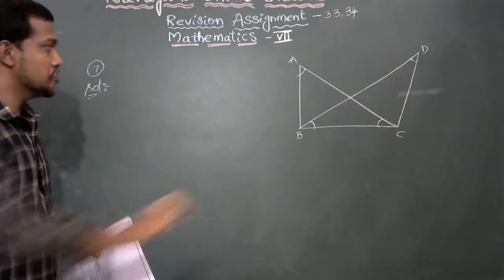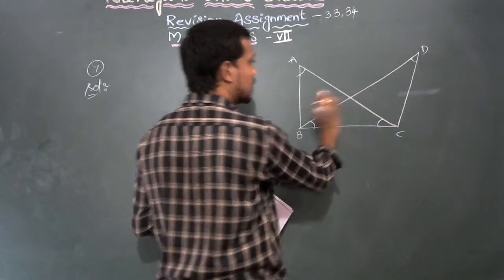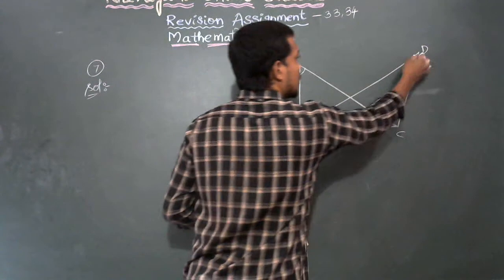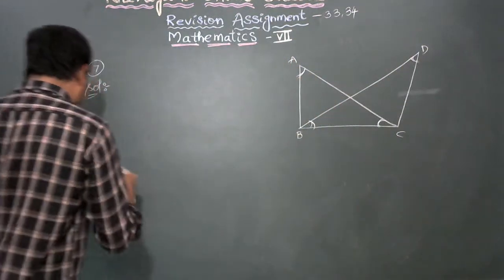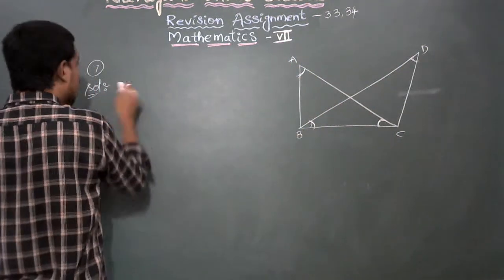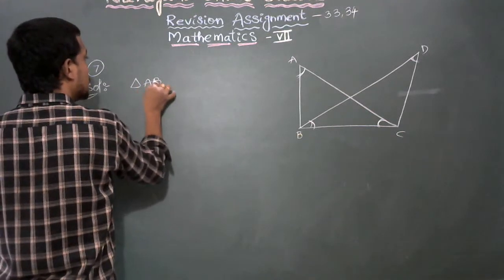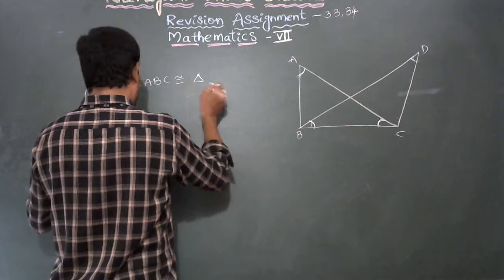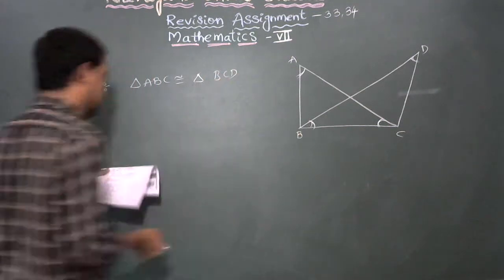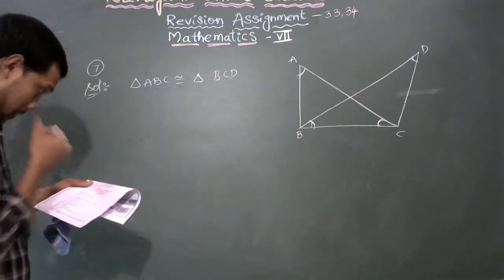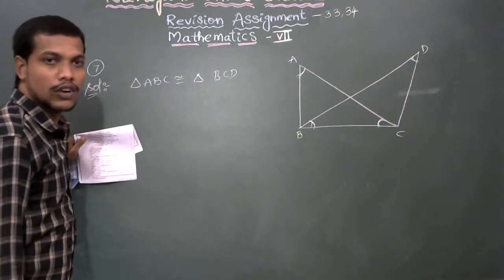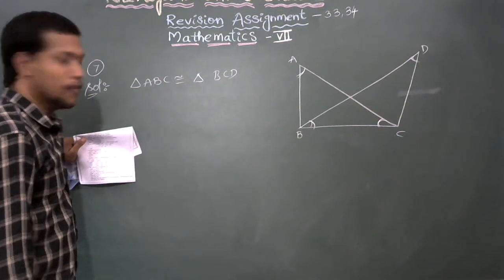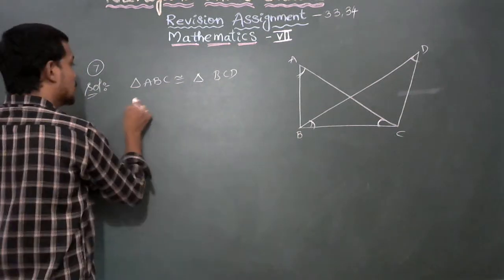Here in this given, two triangles. Here arcs are there. That means angles. So now verify. Triangle ABC is similar to triangle BCD. Okay. Triangle ABC is similar to triangle BCD. Now verify.